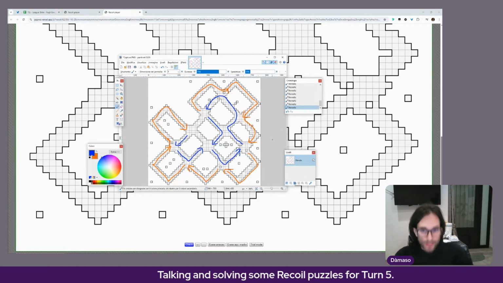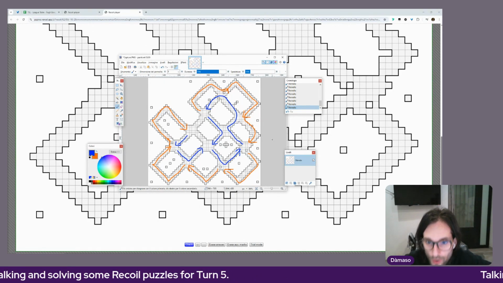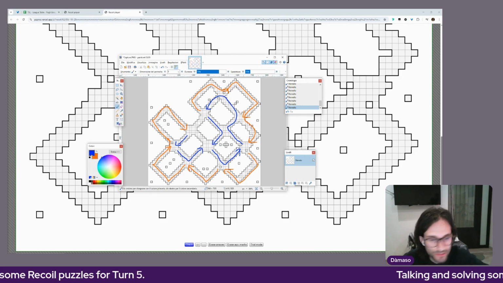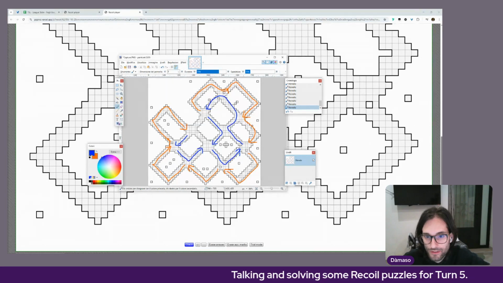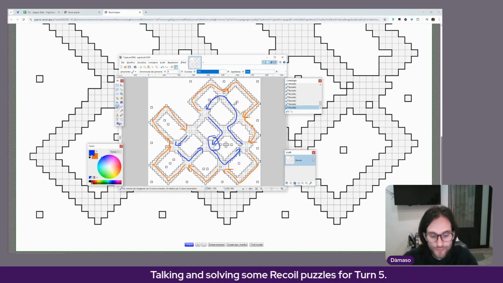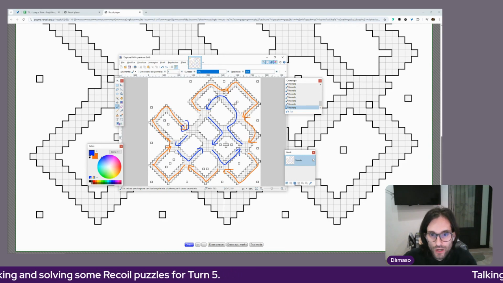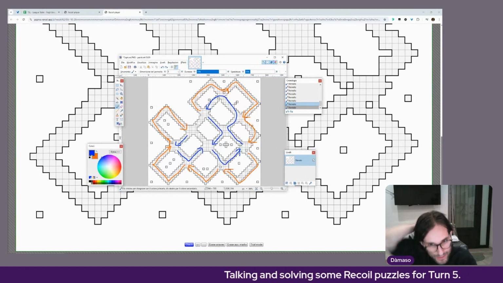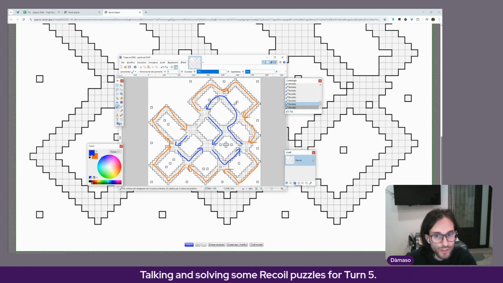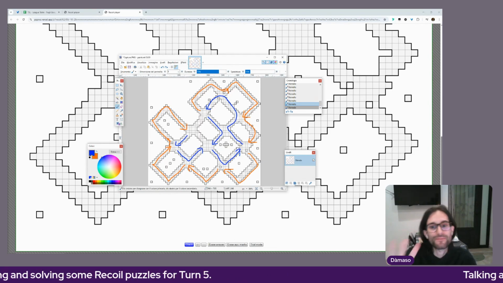So we have all the outside, and the only things that we don't exactly know are whether this one connects down or up, and whether this one connects down or up. The rest of the puzzle just connects that way. So all of this is always the same thing.